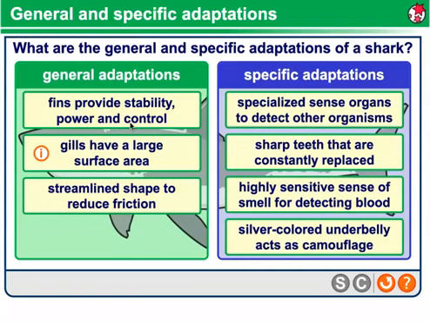And they're also streamlined in shape to reduce friction as they move through the water. Specific adaptations for the shark include specialized sense organs to detect other organisms, sharp teeth that are consistently replaced, a highly sensitive sense of smell for detecting blood, and a silver-colored underbelly that allows for camouflage.